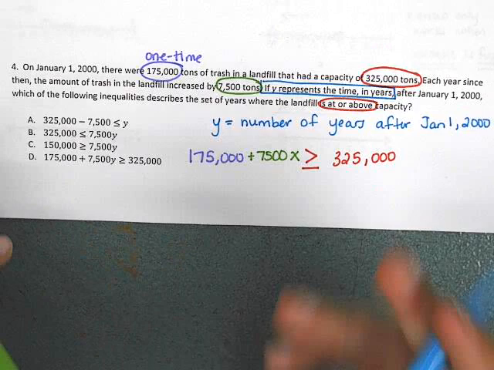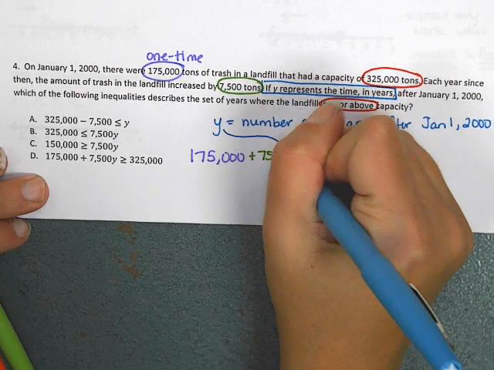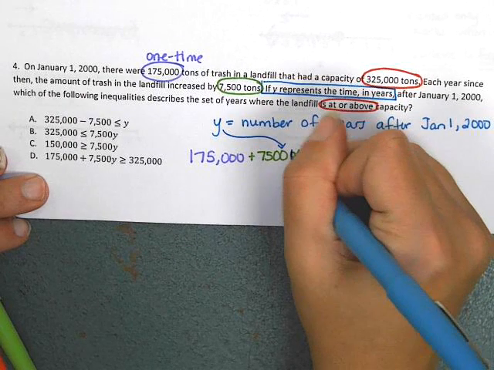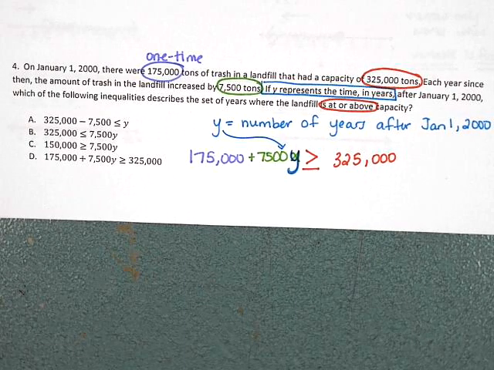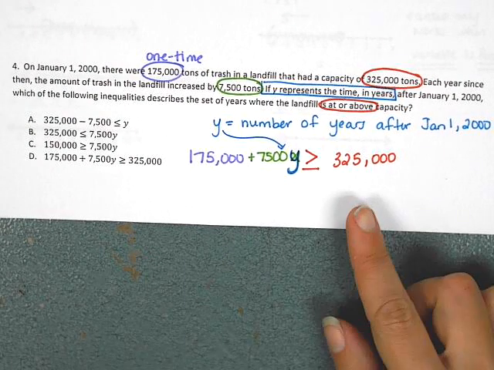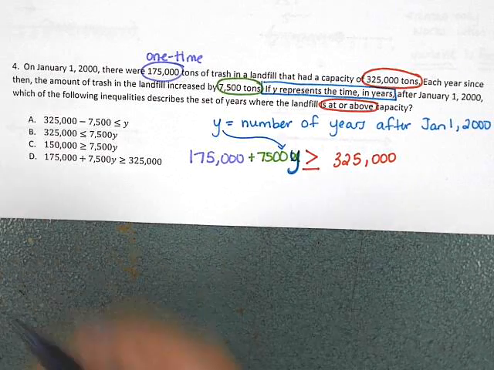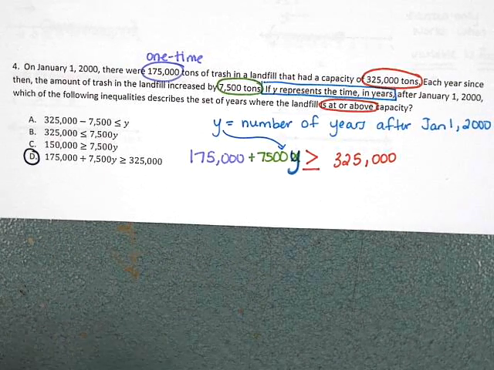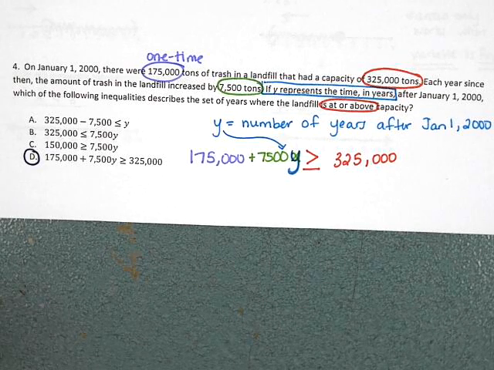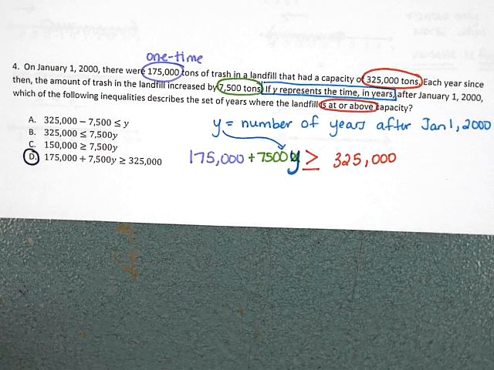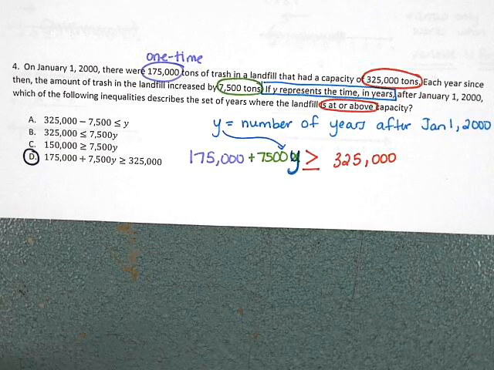And I put an x there and I shouldn't have. The reason that this would be a y is that y represents the number of years. It's my variable. If I compare this that I just wrote to the options, it seems like answer choice D would be the appropriate choice to model this real world problem and help us figure out when we have too much garbage for the landfill.